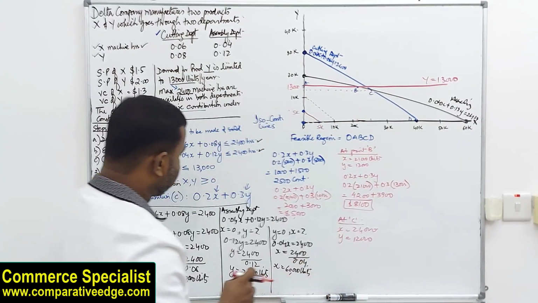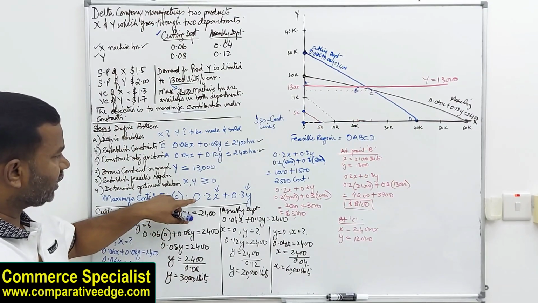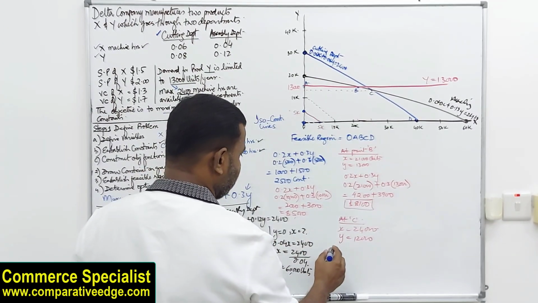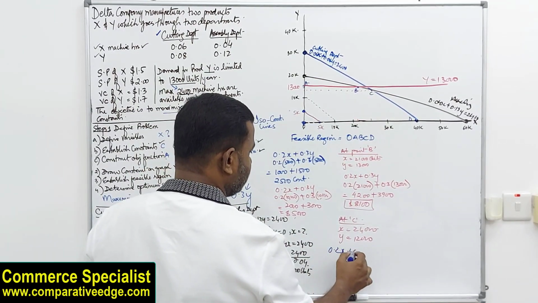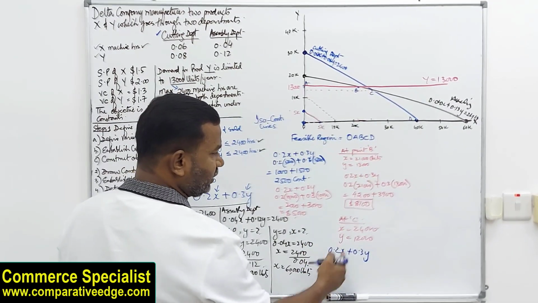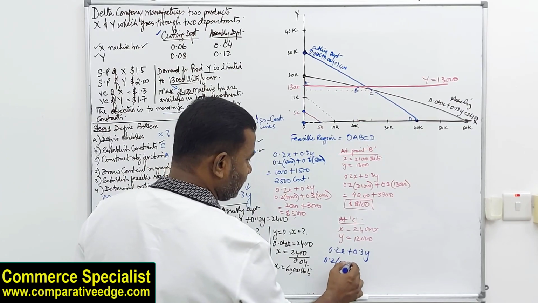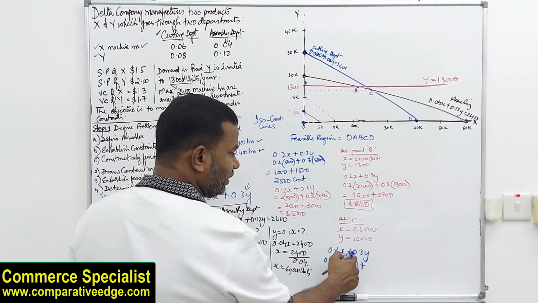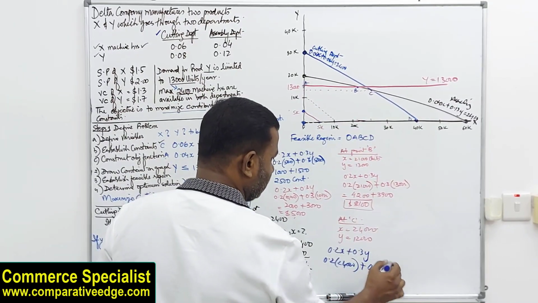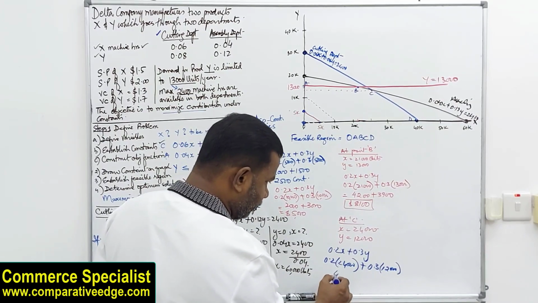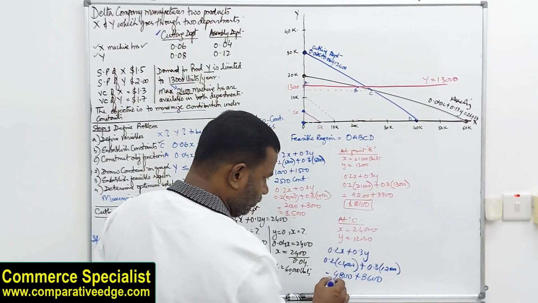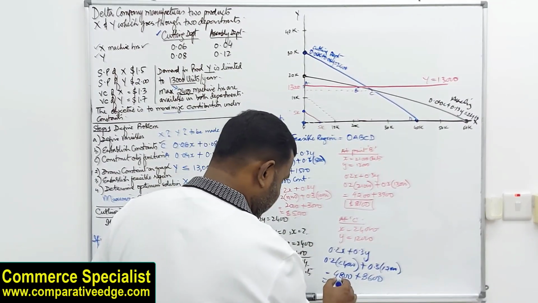So if I plug in the numbers, I take the same objective function, which is 0.2x plus 0.3y. 0.2 is the contribution of 1 unit of X and we are talking about 24,000 units of X, plus 0.3 is the contribution of 1 unit of Y and we are talking about 12,000 units of Y. 20% of 24,000 is 4,800 plus 3,600. So this will be 8,400.